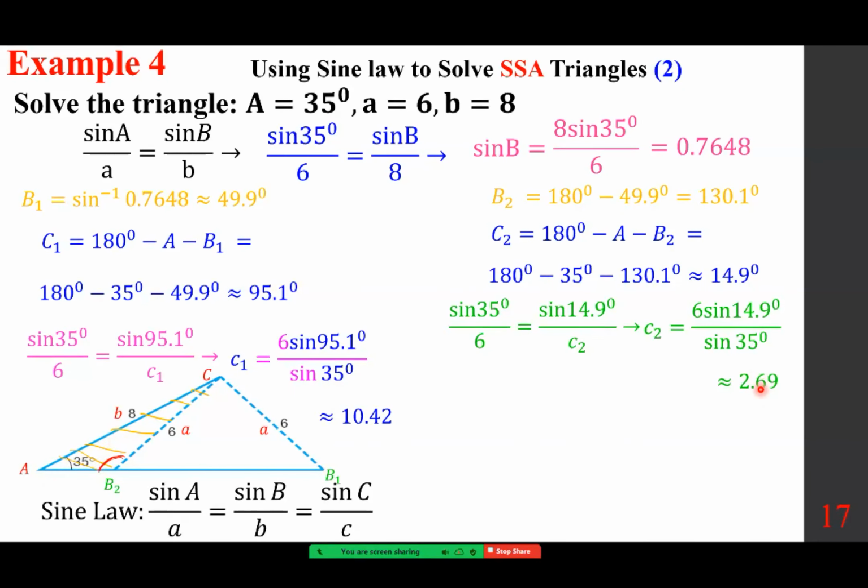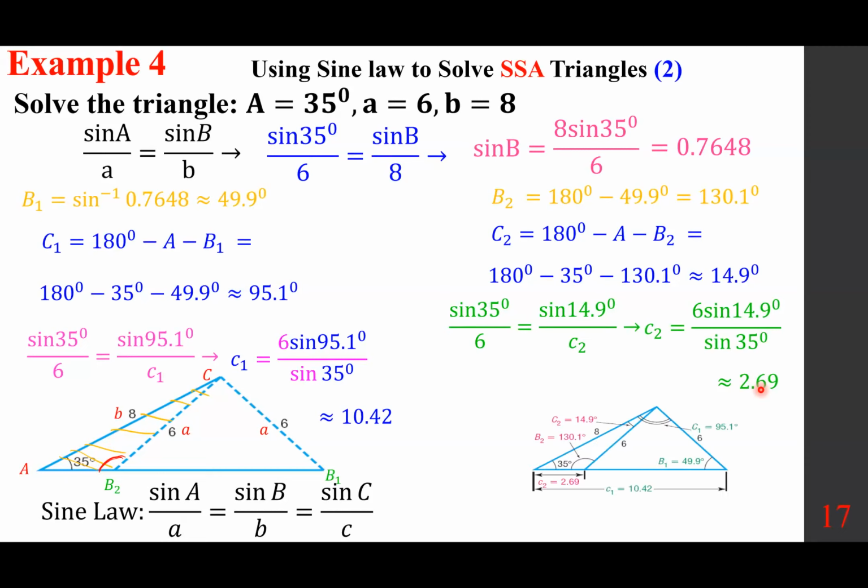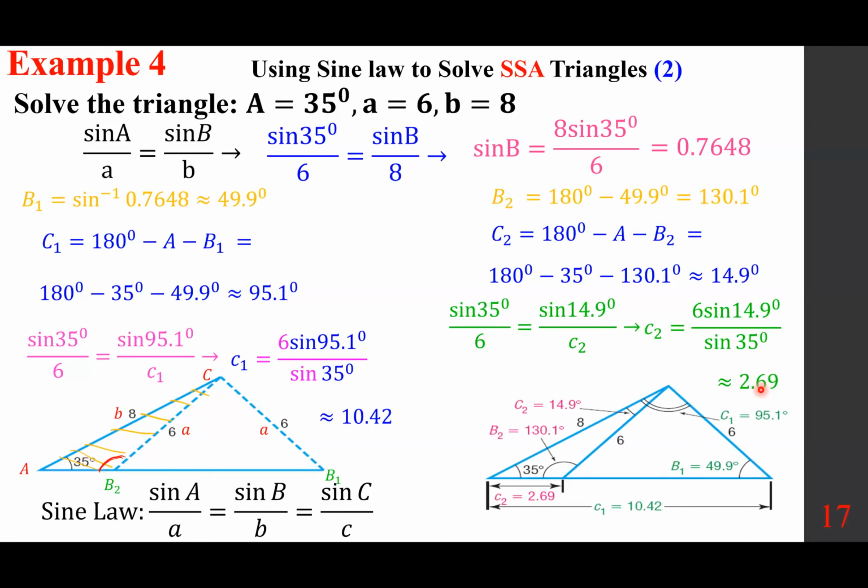So we have two triangles. So take a look. The big one, this 10.42 is the side c. The 2.69 is the side c for this one, the smaller triangle.